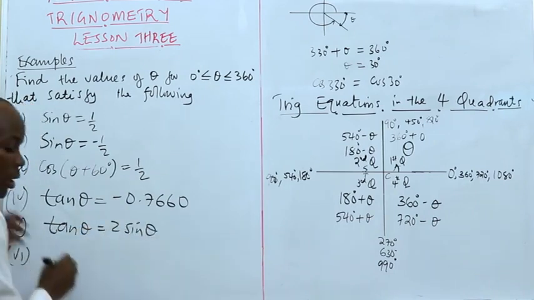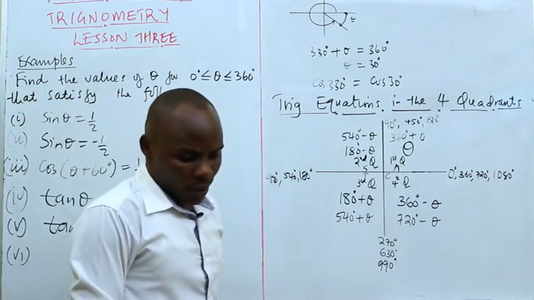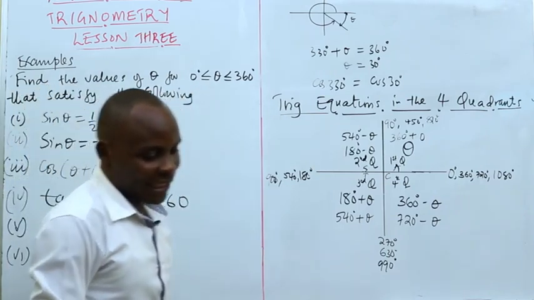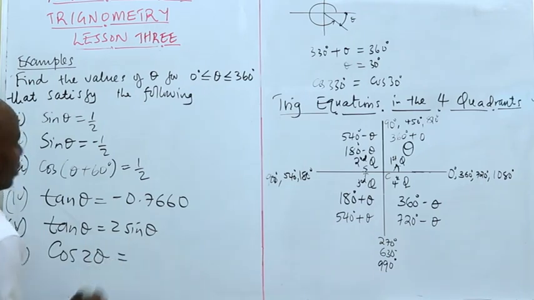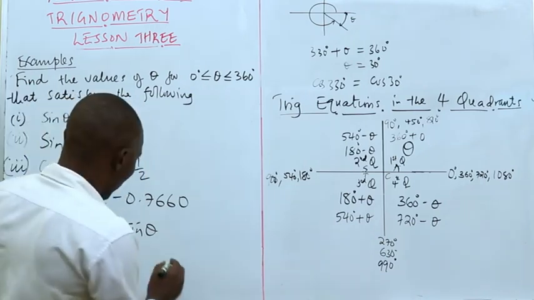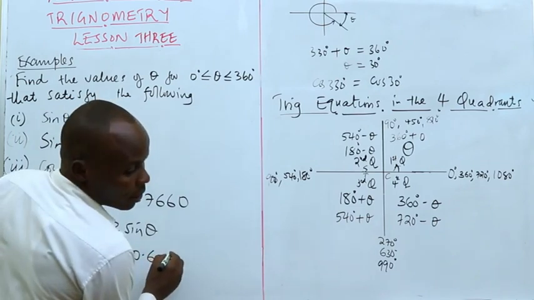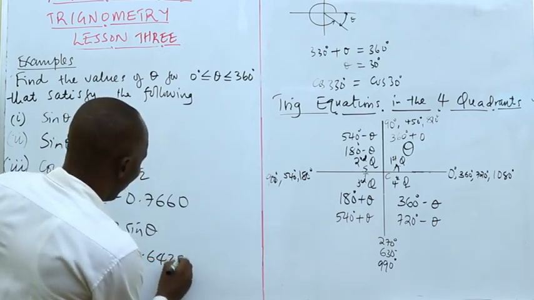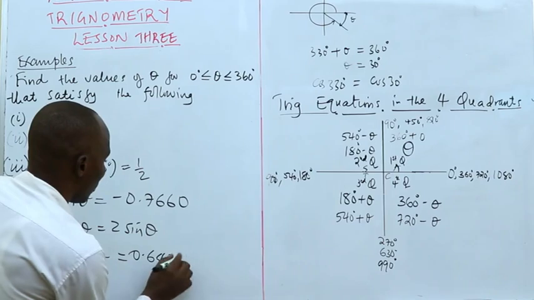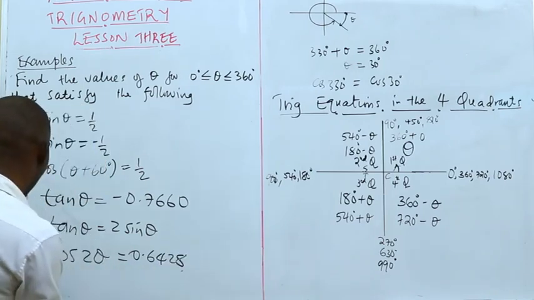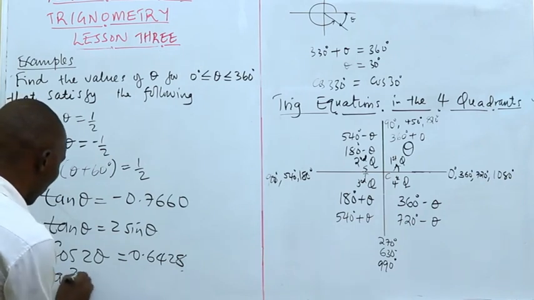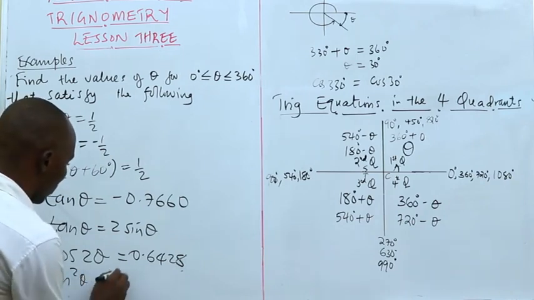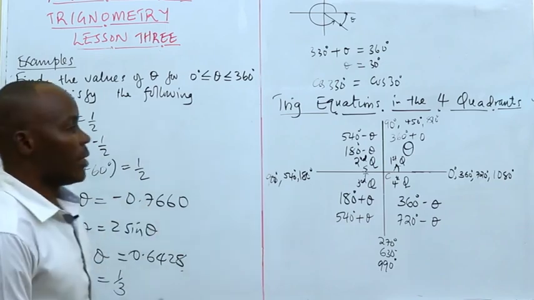Then we can have tan squared theta is equal to a third, or we can have cos 2 theta is equal to 0.6428. This is 8.